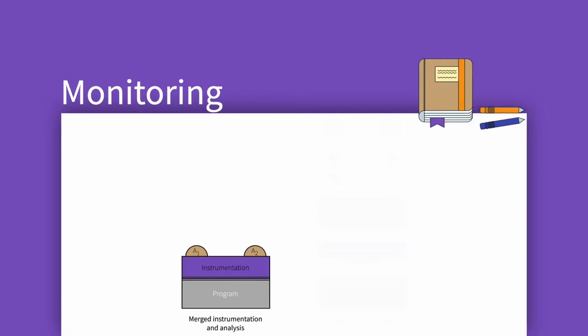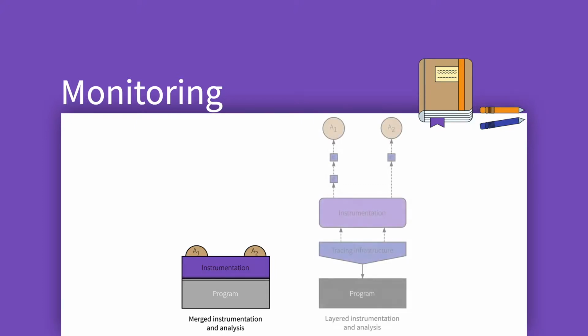Alternatively, instrumentation can leverage an existing tracing infrastructure to collect information externally. In this manner, the program we want to observe is treated as a black box. The instrumentation information we're after are program events, also known as trace events.